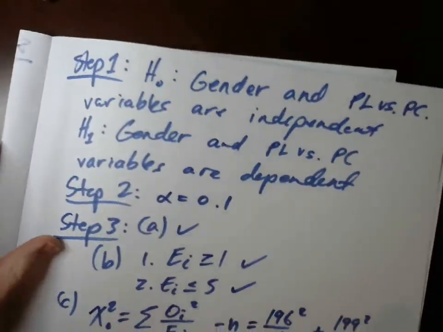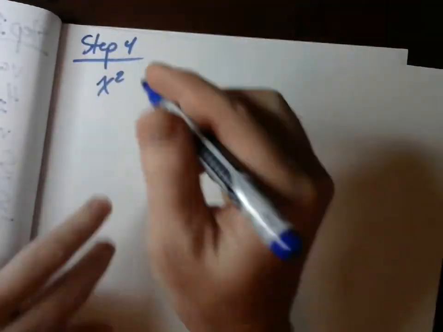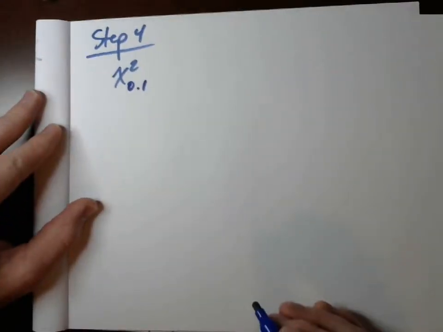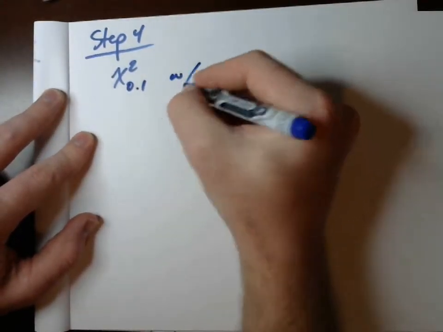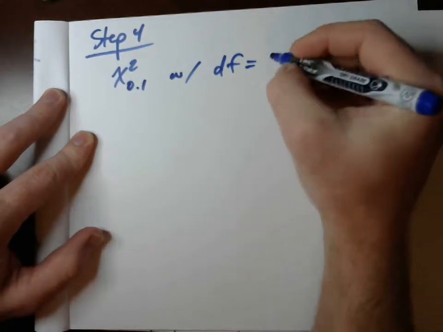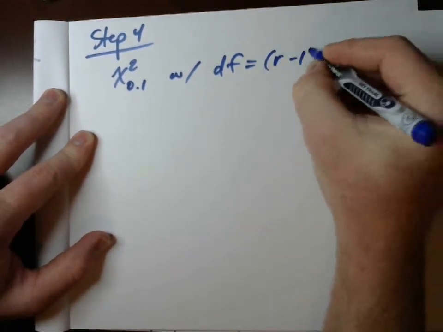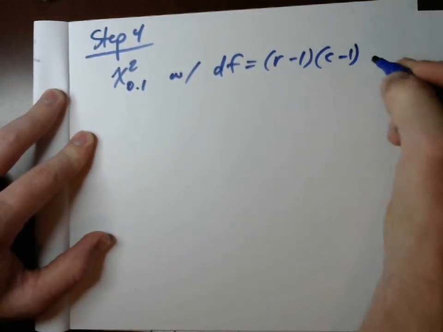It's a right-tailed test again, similar to 12.1, and what is our alpha? Let's go back here. Our alpha is 0.1. Okay, so 0.1, and with df equals rows minus 1, columns minus 1.